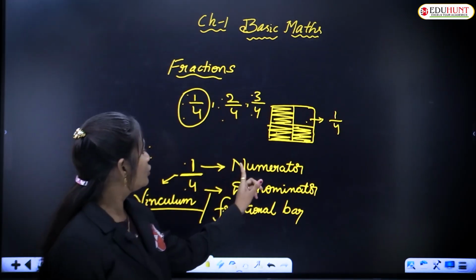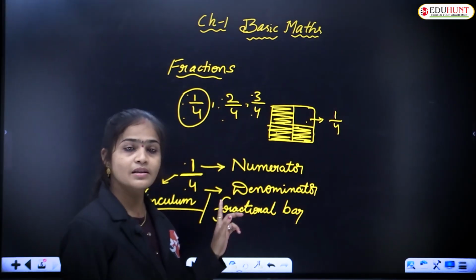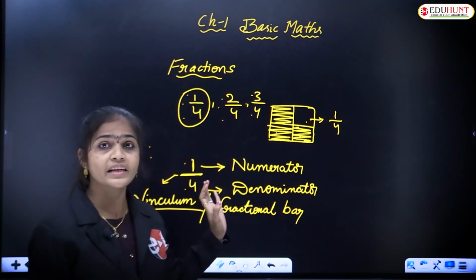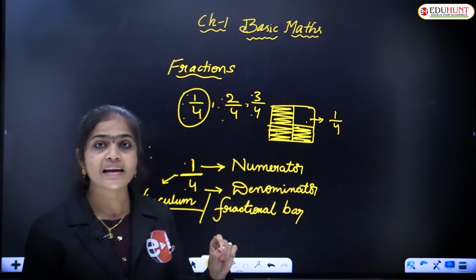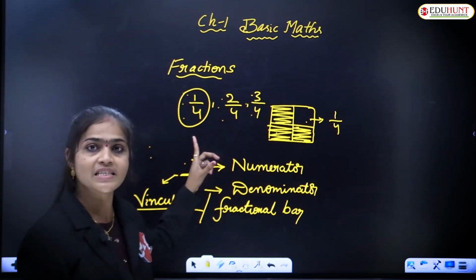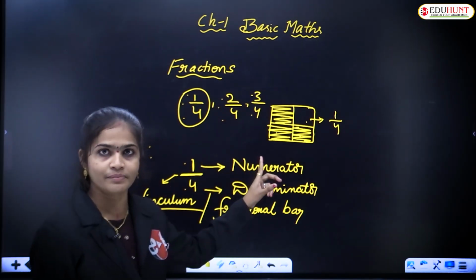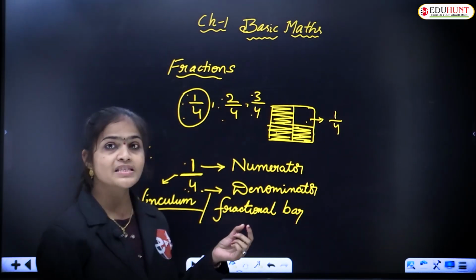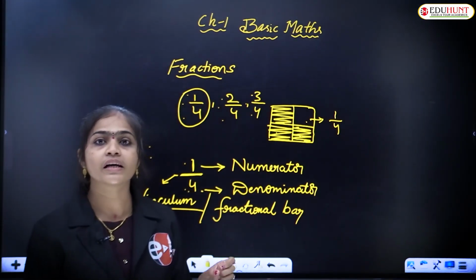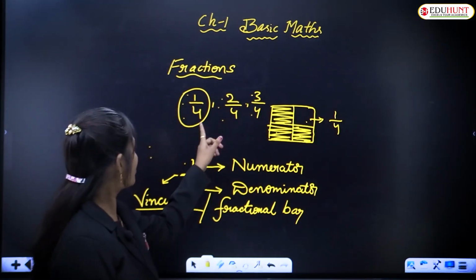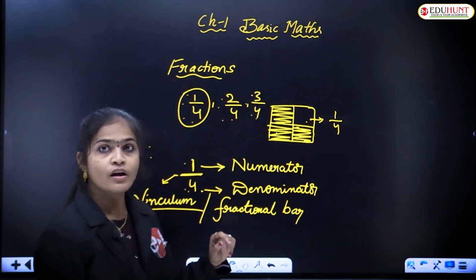Okay, so what do we write in the numerator? Yes, the number of parts we have taken, that representation we have to show in the numerator. And the denominator means the total number of equal parts. How many equal parts are there here? 4.